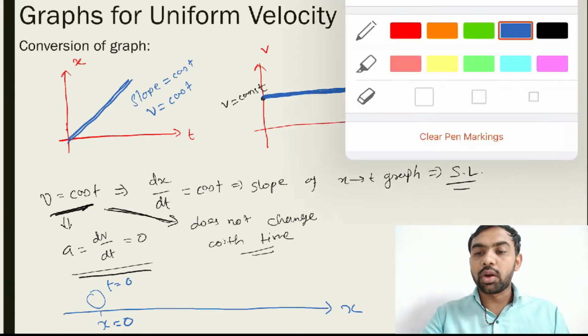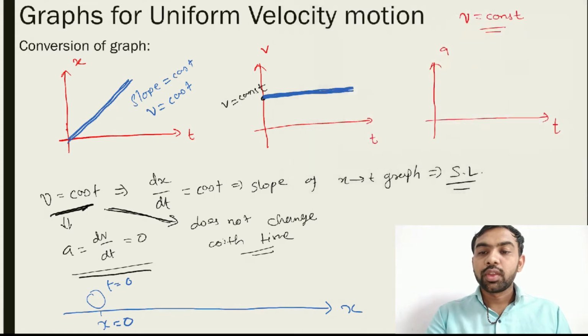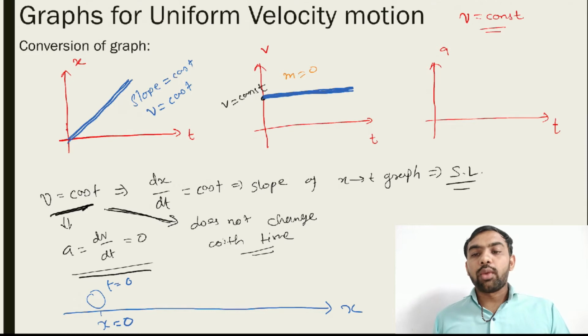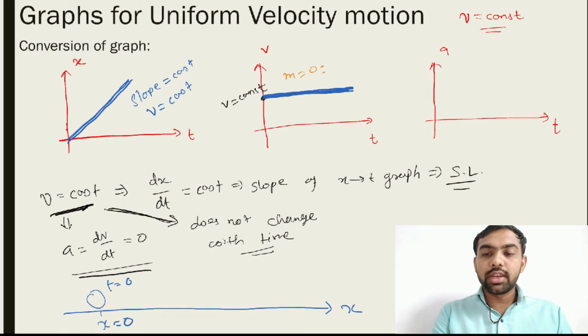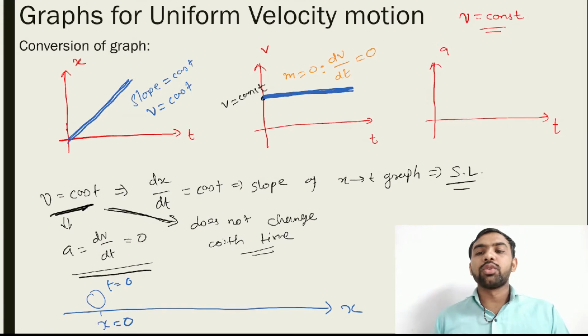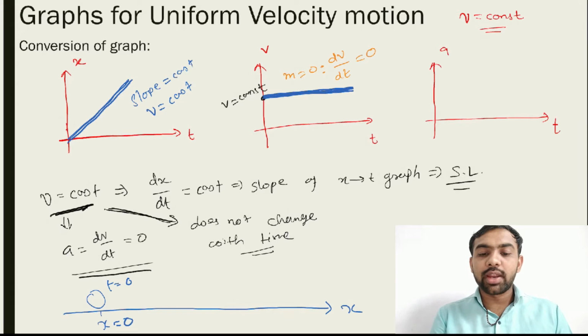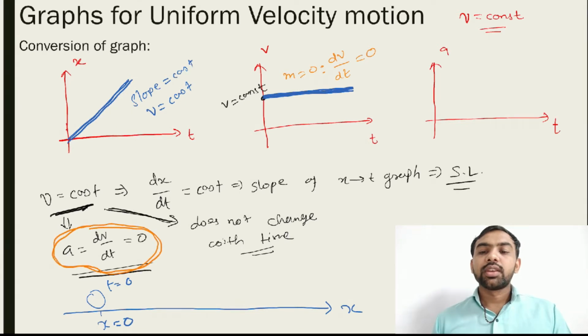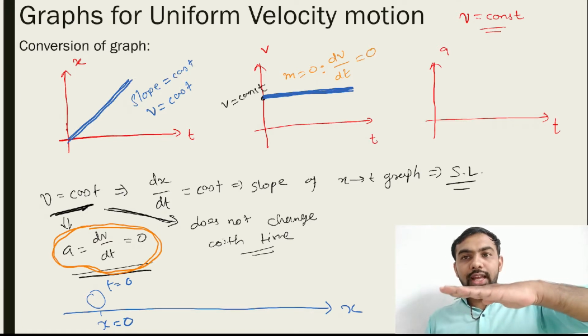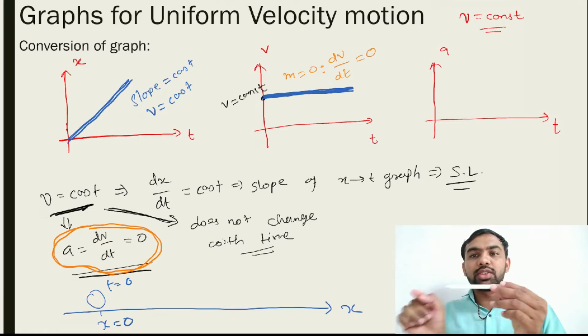You should note this properly in your books. Here m is equal to 0. And what is m in the v versus t graph? dv by dt is equal to 0, and dv by dt is acceleration. I am writing here, acceleration is 0. For any horizontal line, the slope is 0.